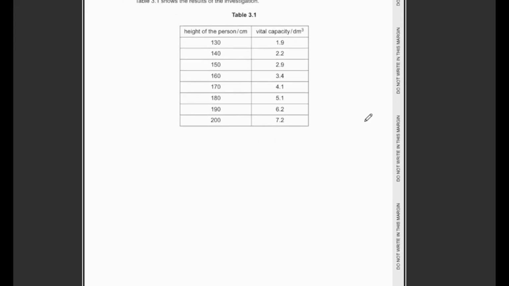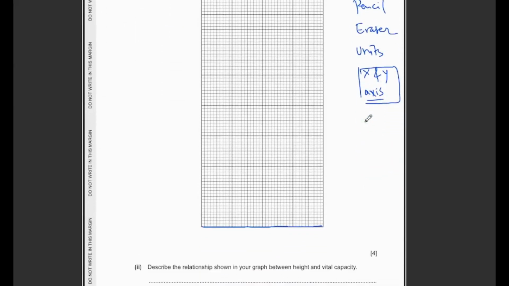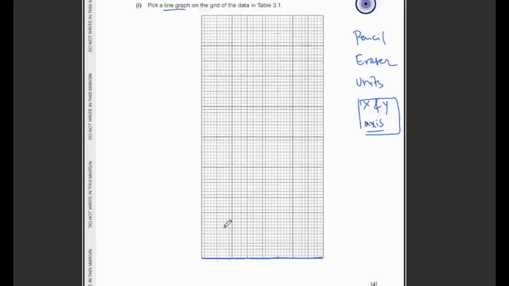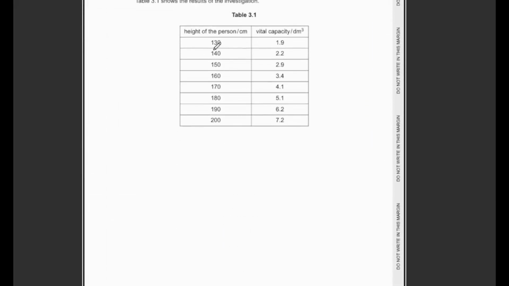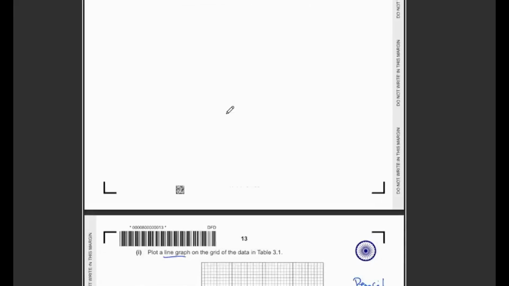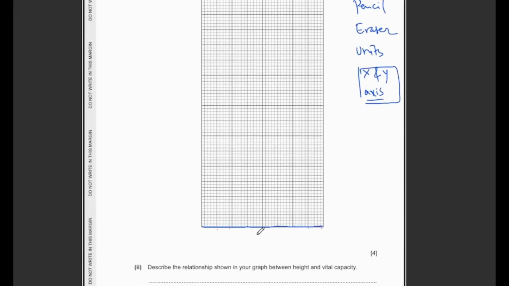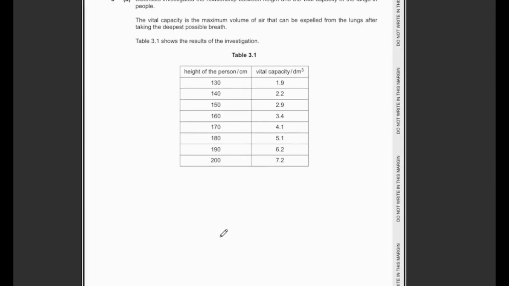So we have to start from 130. That means how many are there? 1 2 3 4 5 6 7 and 8. I can do only 8 here. 1 2 3 4 5 6 7 8. Fine, we start with 130 here. Okay, so this is 130 to, is it like following the series 4 5 6?